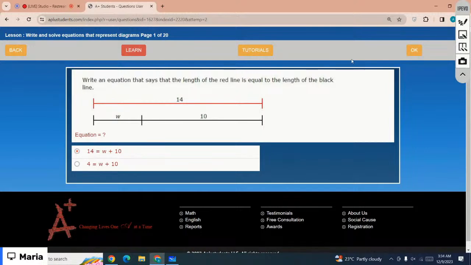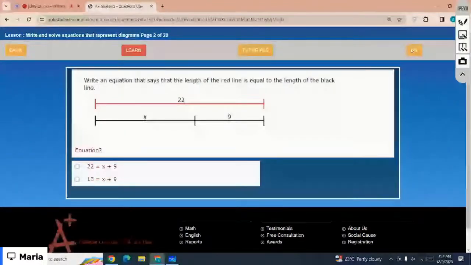Black line. So which is the correct option? Yes, that is 22 equals x plus 9, equal to the length of the black line.